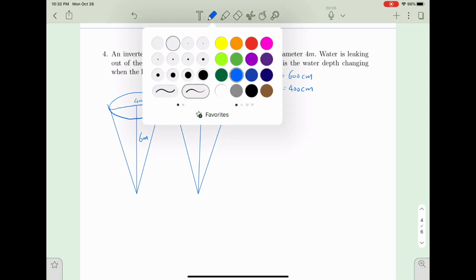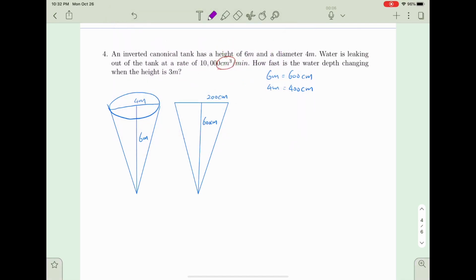So assume that we have some volume of water inside. The purple line here represents the water level, right? As the water is leaking out, the level of the water will be decreasing, going down. So what we want to find out is how fast the depth is changing when the height is 3 meters. That means when the height is 300 centimeters, right?